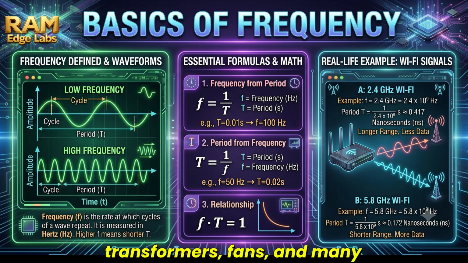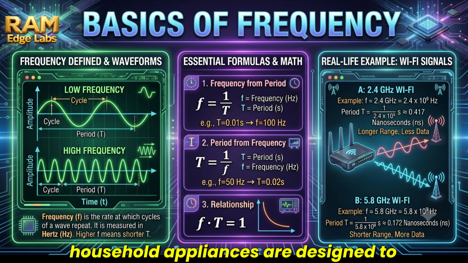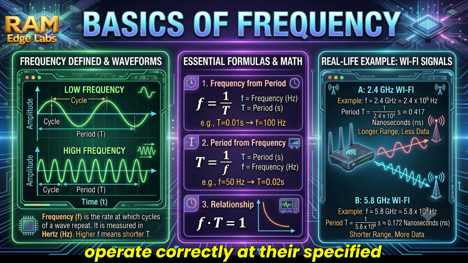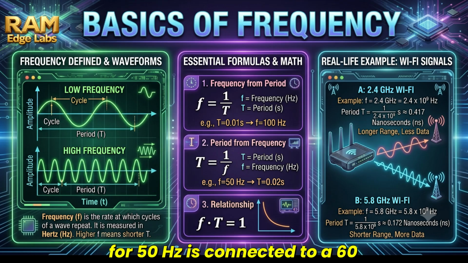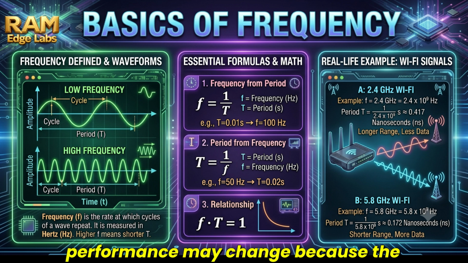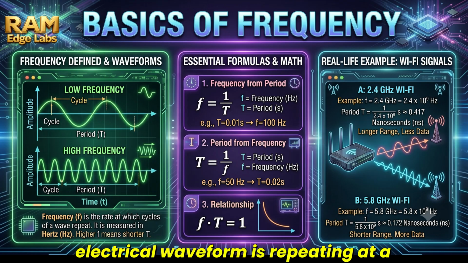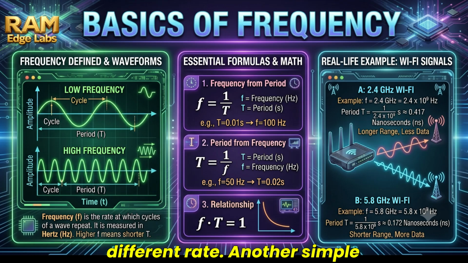Electric motors, transformers, fans, and many household appliances are designed to operate correctly at their specified frequency. If a device designed for 50 Hz is connected to a 60 Hz supply, or vice versa, its performance may change because the electrical waveform is repeating at a different rate.